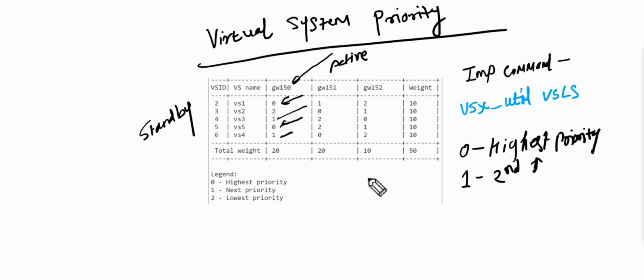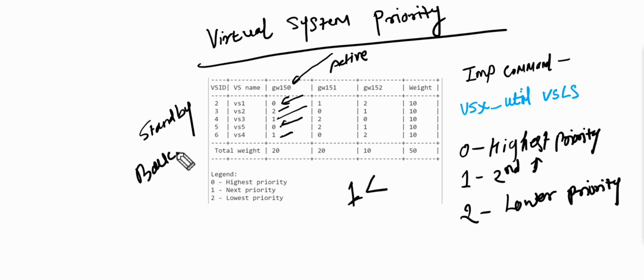And whatever priority is greater than 1, we consider it a lower priority. Say consider 2, this is a lower priority, which indicates the VSX cluster member designated to host the virtual system is in the backup state. So this VS2 is in the backup state.